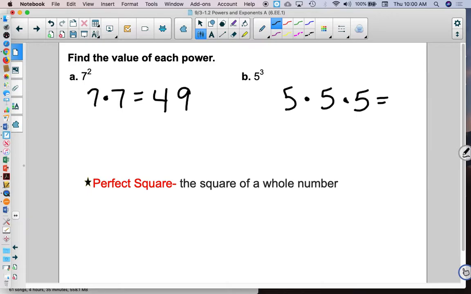Did you pick up your calculators on the way in? Yes. Okay, on your homework, this is showing me what to do. You have to write this on the homework first, 5 times 5 times 5, then use your calculator to figure it out. I already know what it is, but I want to know if you do.